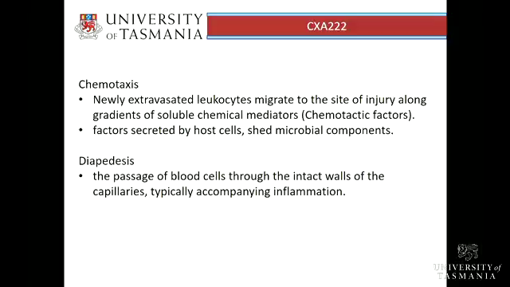Obviously that's important because they've got to be free in the blood plasma to be picked up by the leukocytes, and they're factors that are secreted by host cells. So they might be either damage-associated molecular patterns or pathogen-associated molecular patterns, but essentially it's something that is foreign to the body in a state of equilibrium if it's damage, or if it's pathogen, it's foreign to the body full stop.